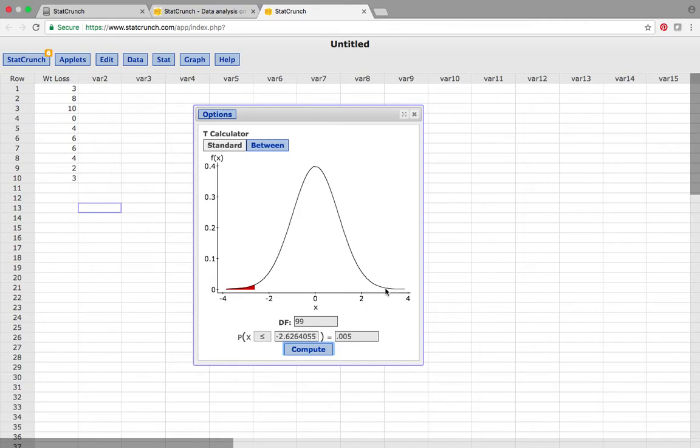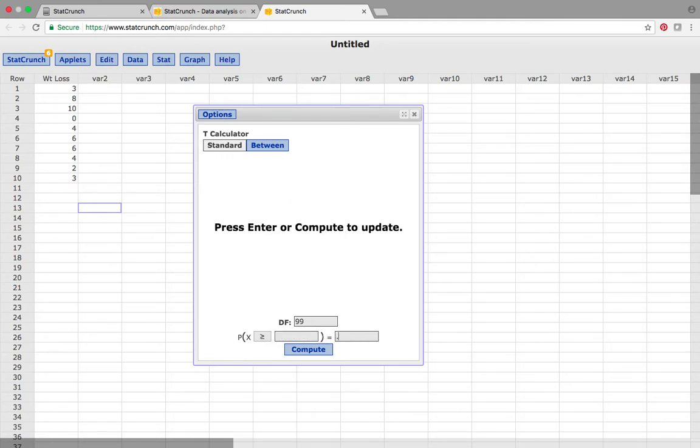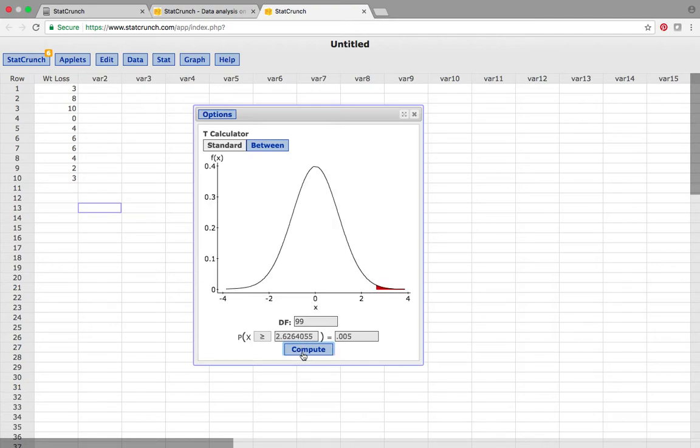Now, what if I decided I wanted to do this part up here? Well, I could just do greater than 0.005, and I get positive 2.63.